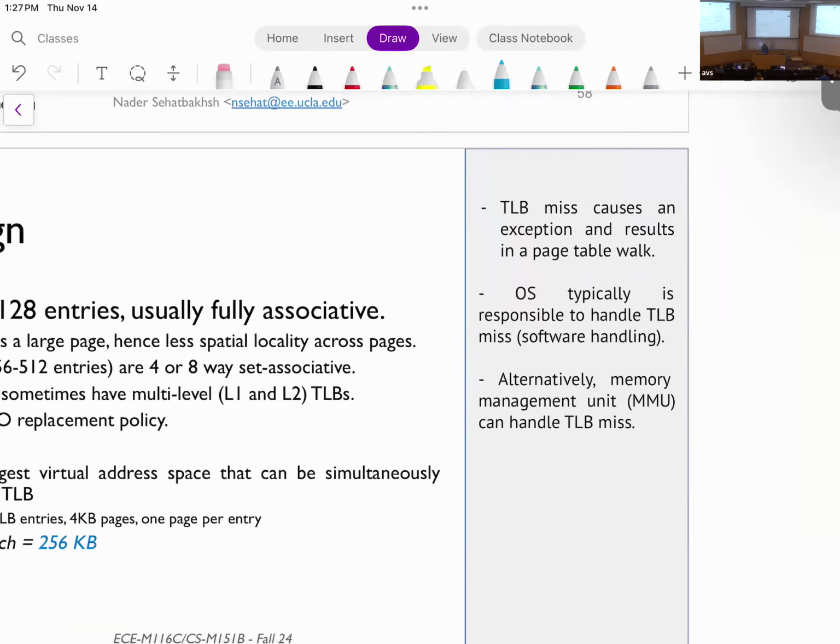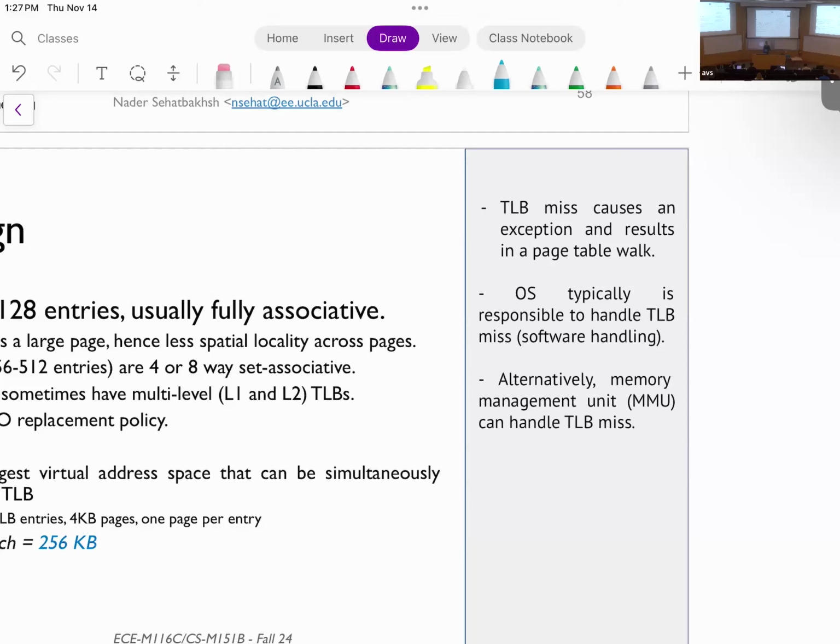When we have a TLB miss, this usually means that we need to stop the process of going to the cache. This usually leads to what we call an exception. Next week, we're going to talk a little bit about exceptions as well. Typically, the operating system takes over and translates this address for us using the page table, using the page walk.